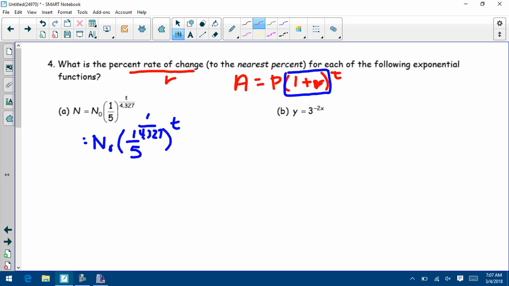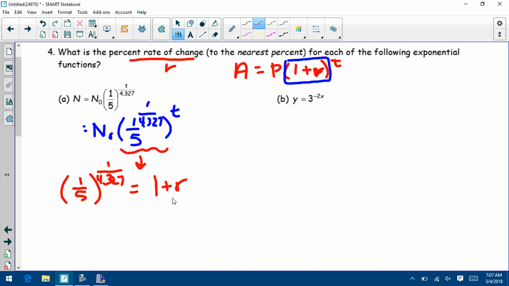So it's this piece right here, 1/5 to the 1 over 4.327. That's equaling that 1 plus R piece that I need.